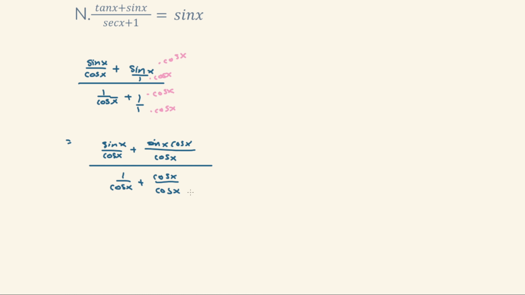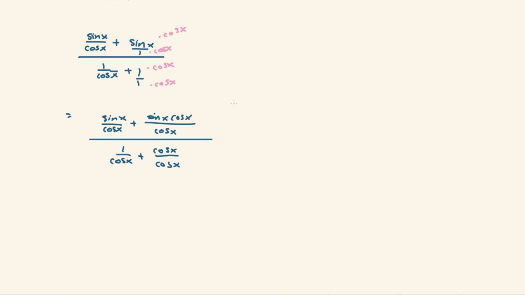All right. And here I'm going to kind of put these two on the same denominator here. I have sine x plus sine x cos x all over cos x. And this is all divided by 1 plus cos x divided by cos x.